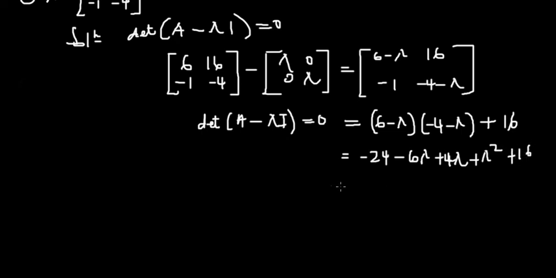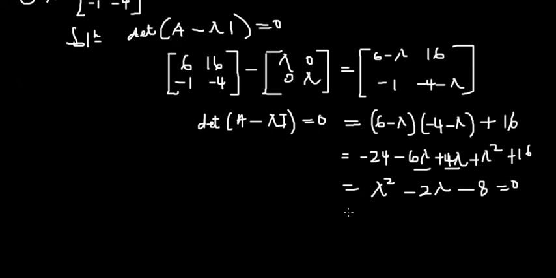When you simplify this further, you end up with the eigenvalue squared, then minus 6 plus 4 gives us minus 2 eigenvalue, and then 16 and minus 24 will give us minus 8. After that you just equate that to 0.